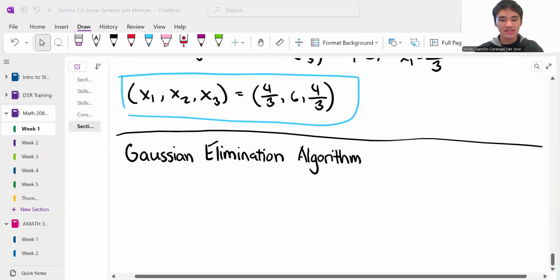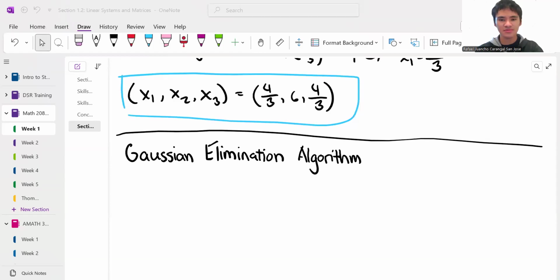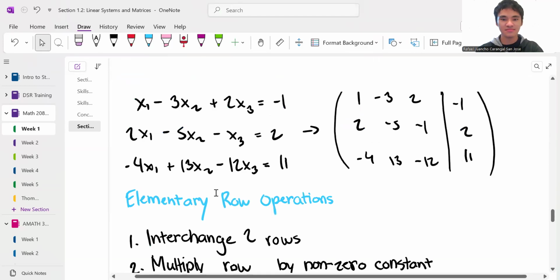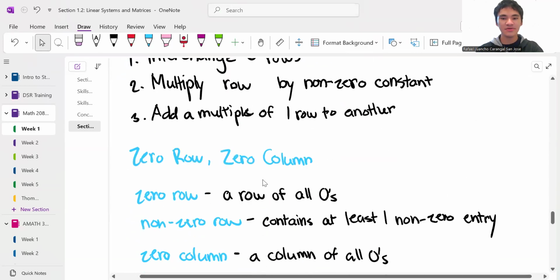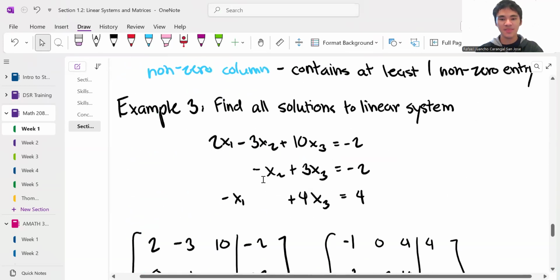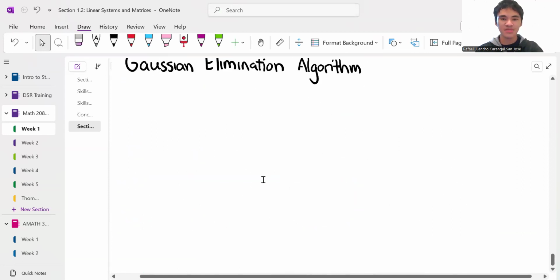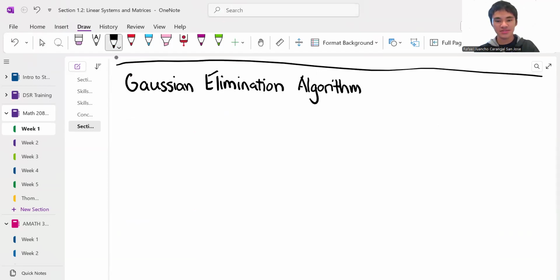So what exactly is Gaussian elimination? Gaussian elimination is basically what we did in the previous example, right? Where we did elementary row operations in an augmented matrix. That's basically what Gaussian elimination is, bottom line.